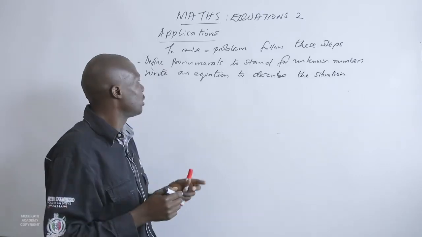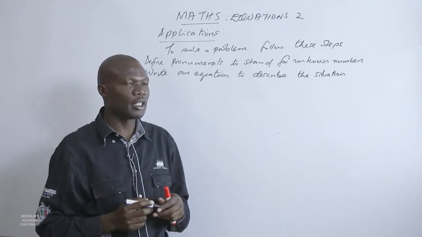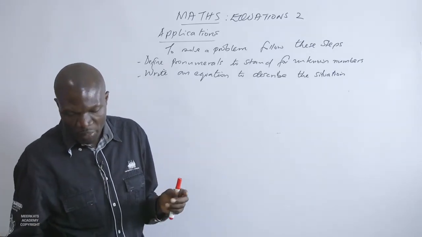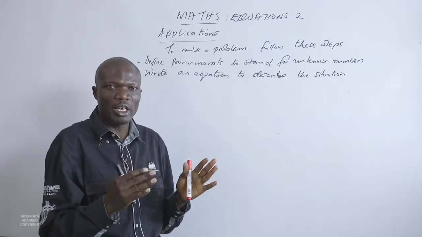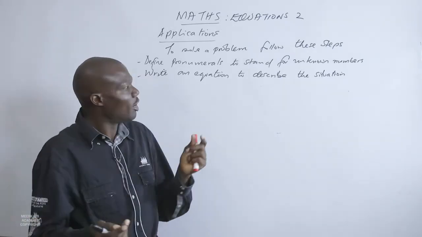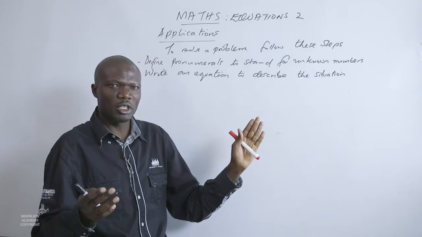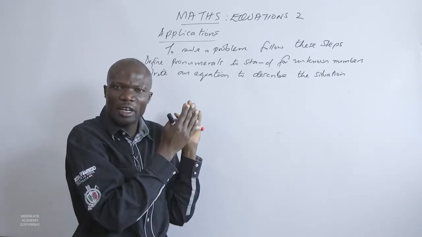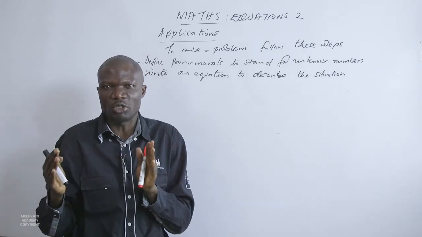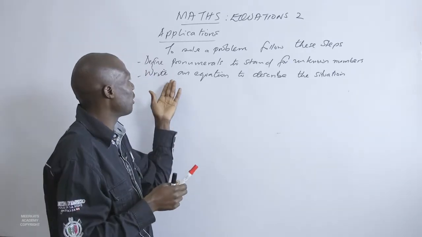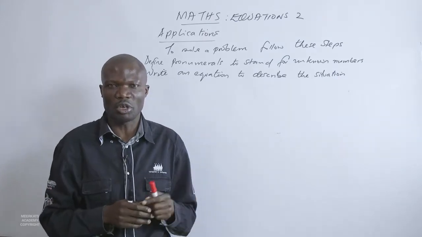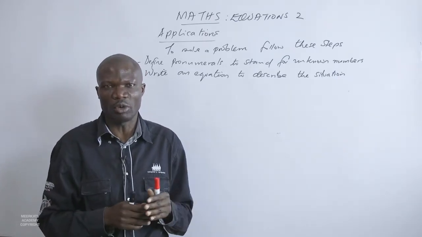We also need to write an equation to describe the situation. Now, remember, we are looking at a situation in which we may be comparing ages. When you look at that situation, what equation can we use to represent it? If that is done, then we shall have written down the equation to describe a situation, as we are going to see in a little while.